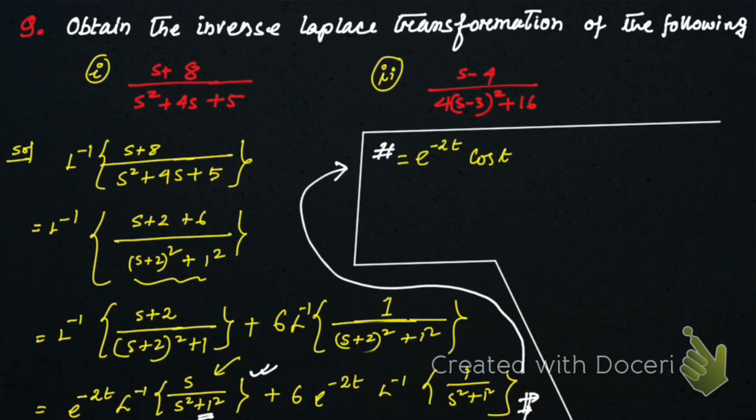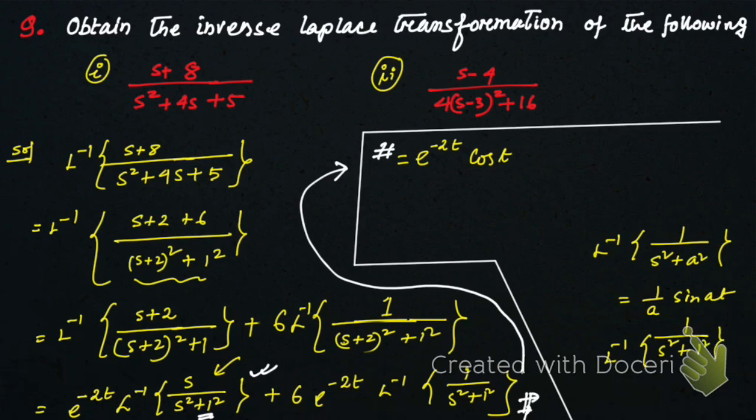Now you see, we know that inverse Laplace transformation of 1 by s square plus a square is equal to 1 by a sine at, right? So if we have 1 by s square plus 1 square, then that should be 1 by 1, that means 1, sine 1t.